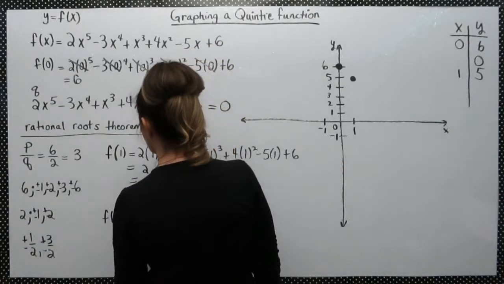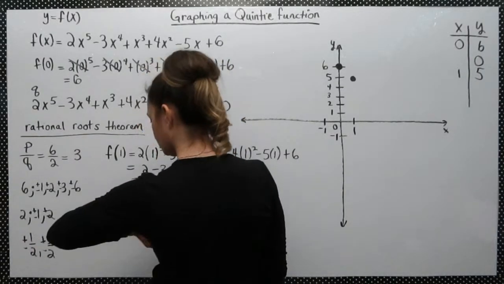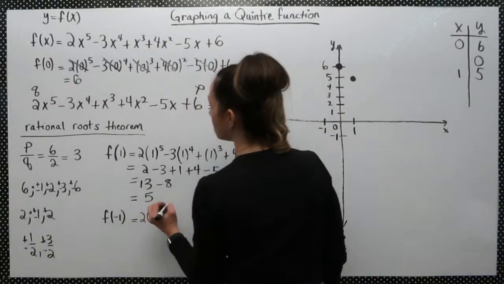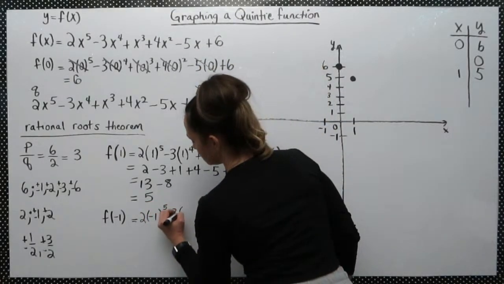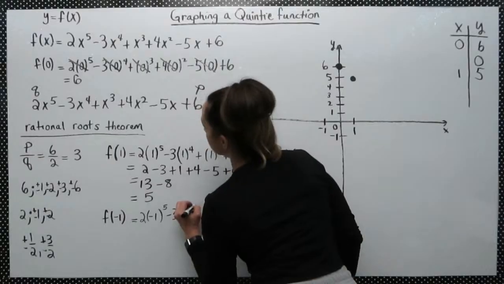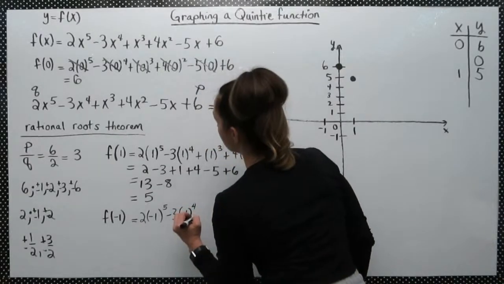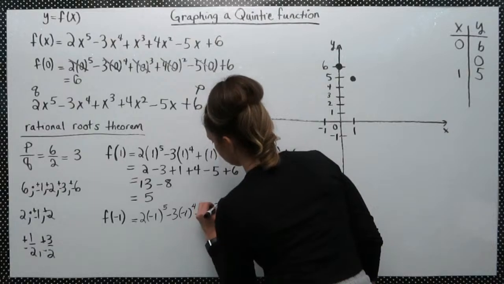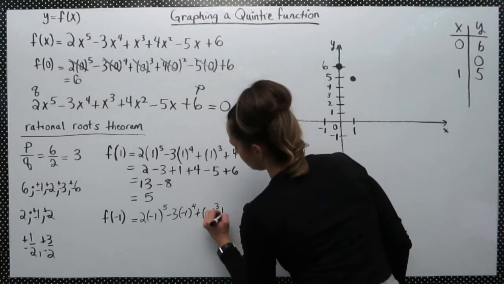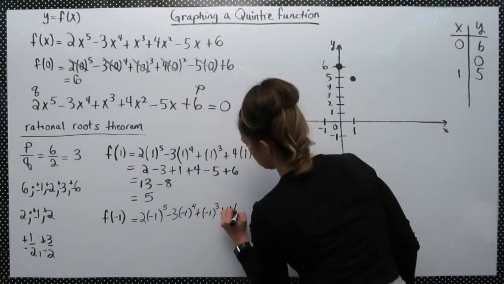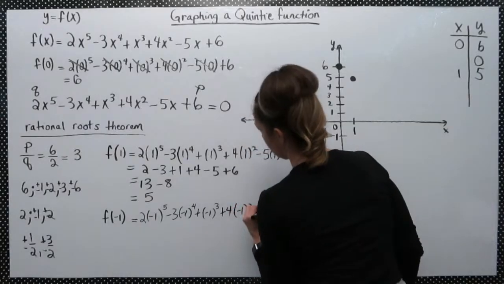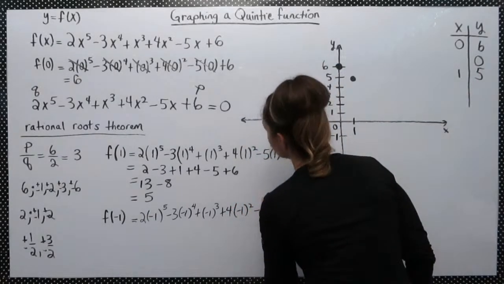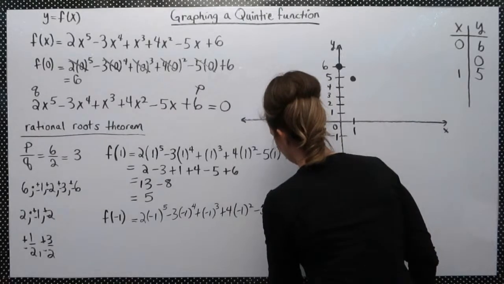Let's see, 2 times -1 to the 5th power minus 3 times -1 to the 4th power plus -1 cubed plus 4 times -1 squared minus 5 times -1 plus 6.